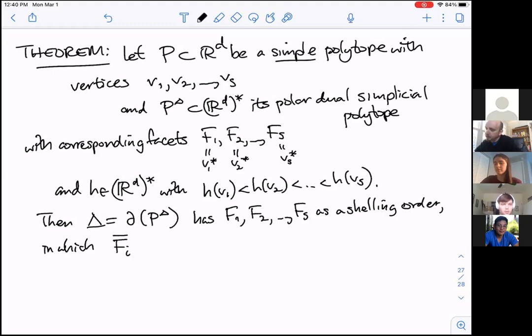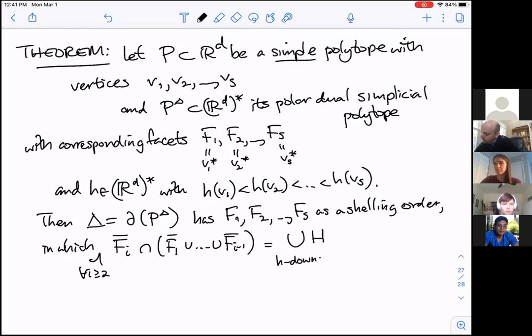When I take the subcomplex generated by F_i, for all i greater than or equal to 2, as usual, and I intersect it with the subcomplex generated by the previous facets in the shelling, this is going to be the union of certain walls, the H downward walls.